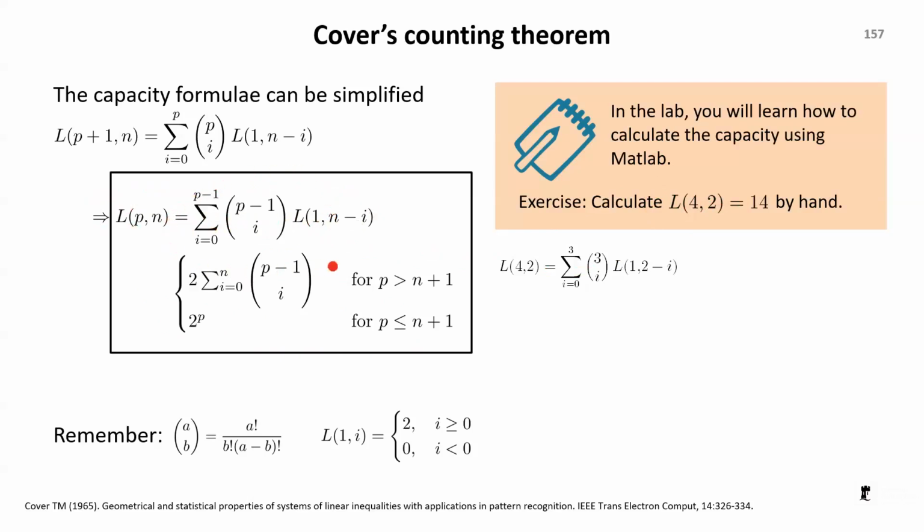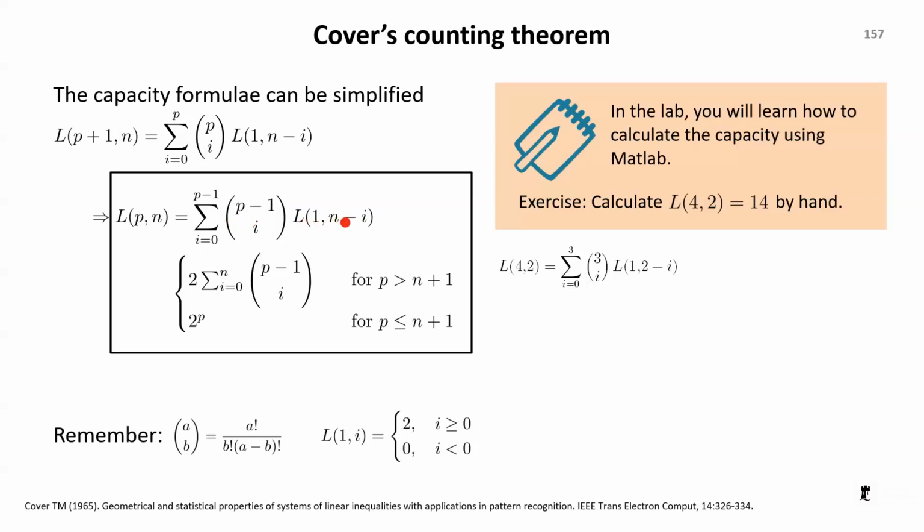I just plug in P equal 4 and N equal 2. So I need to sum from 0 until 3. And then I need to compute the binomial for order 3 for different i.